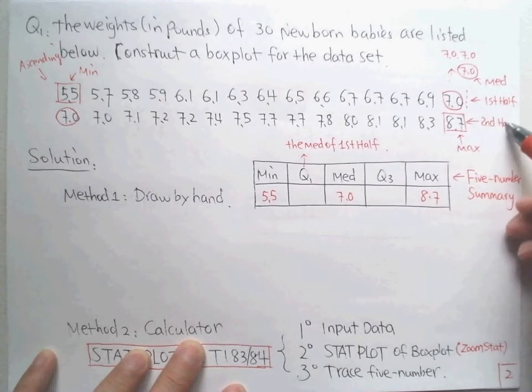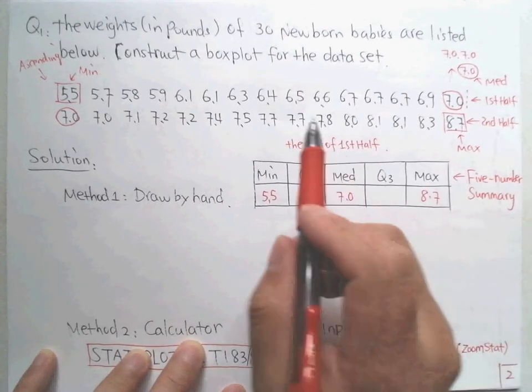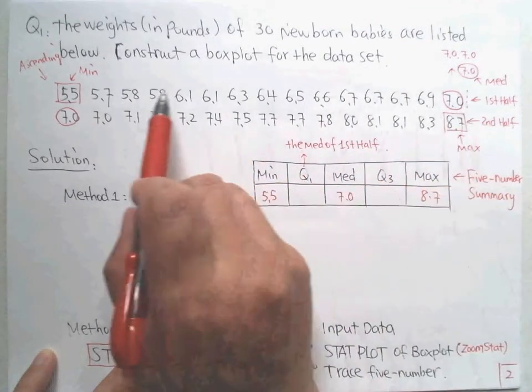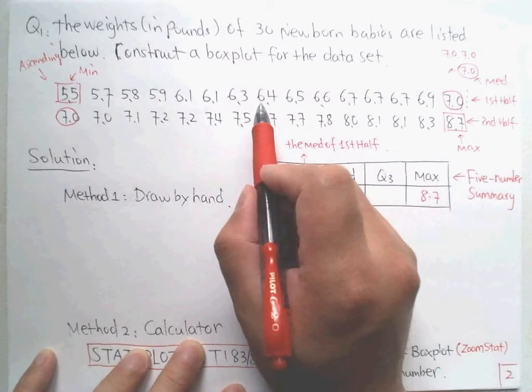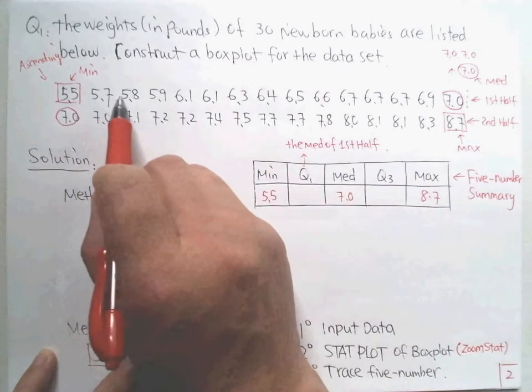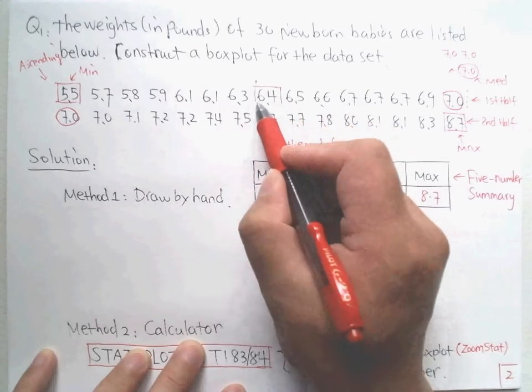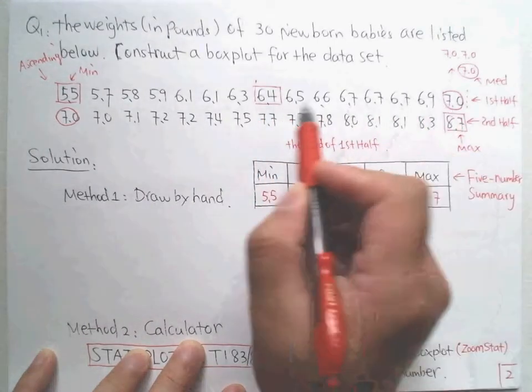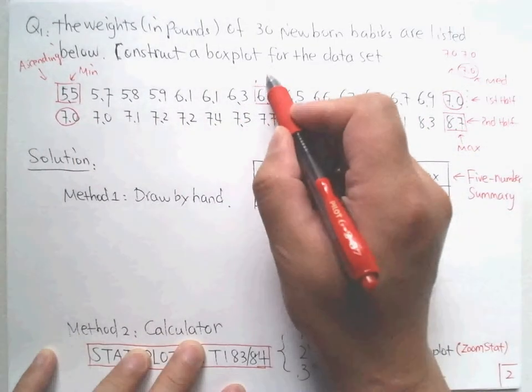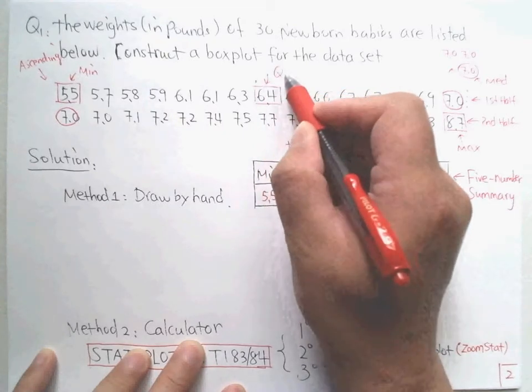So the median of the first half. We have 15 data, so exactly 1 data in the middle, the 8th: 1, 2, 3, 4, 5, 6, 7, 8. Can you see? This is exactly in the middle, 7 on the right, 7 on the left. So this is Q1, and I put it here, 6.4.